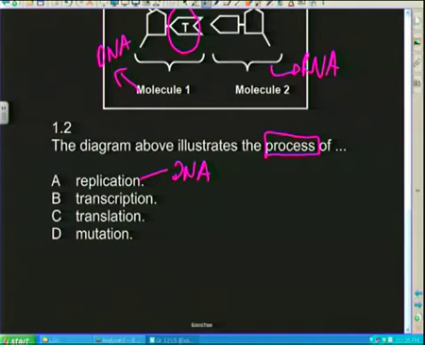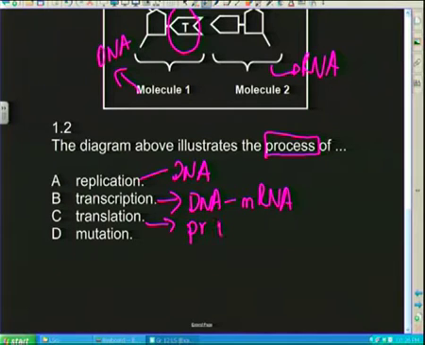Transcription is when DNA gives rise to RNA. Translation is where we have the making of a protein, and mutation is where something goes wrong.